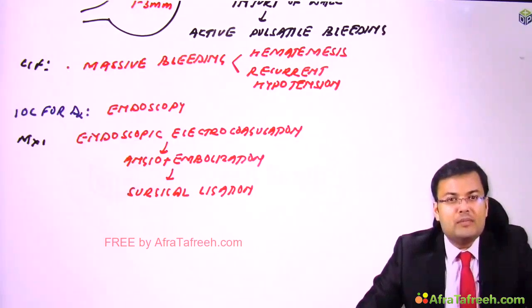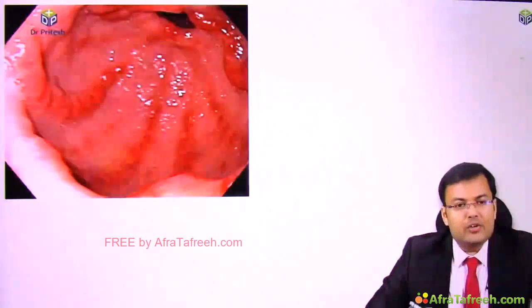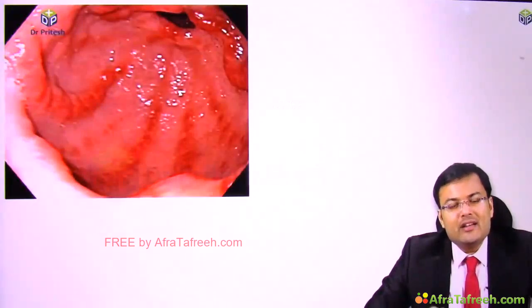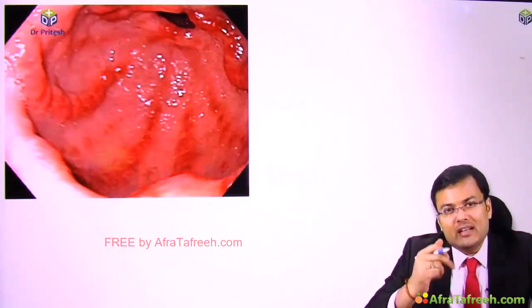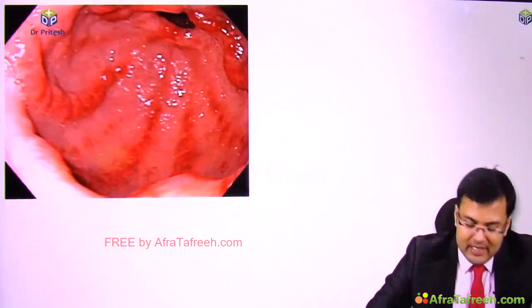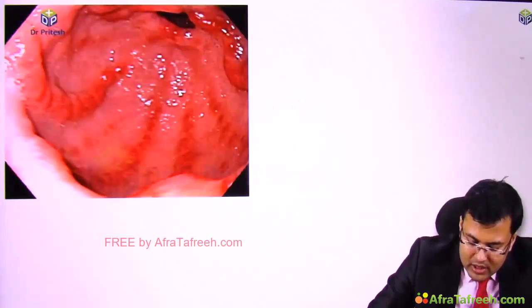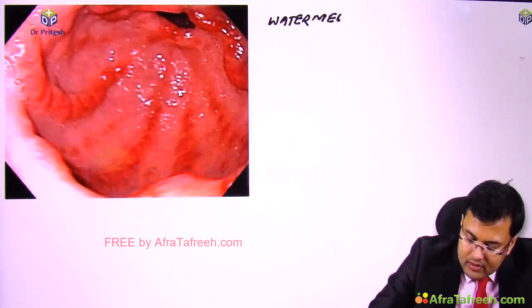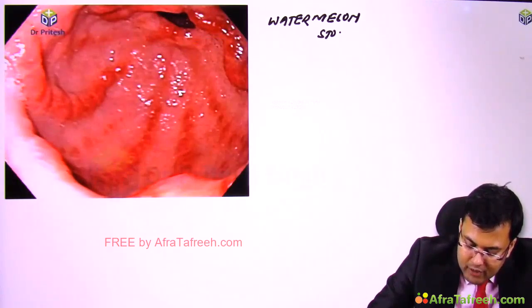Third is watermelon stomach. Now you can see this is looking like the rind or covering of a watermelon, that green color covering when you remove it, and this is known as what? Watermelon stomach. What's the other name of watermelon stomach? It is also known as GAVE.